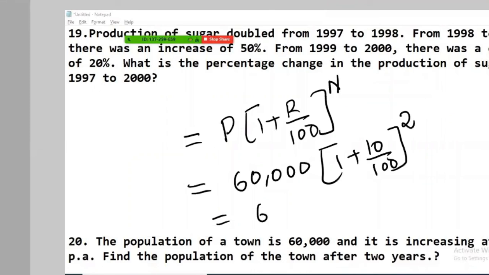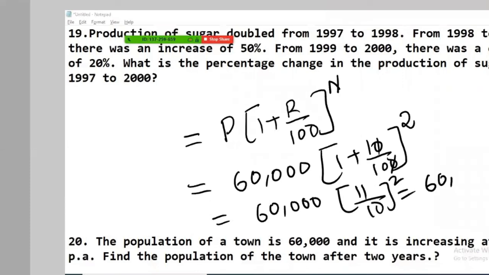So 60,000 into, 0 is cancelled, 11 by 10 square. So that is 60,000 into 11 square, 121 by 100. Two zeros cancel. The answer is 72,600.